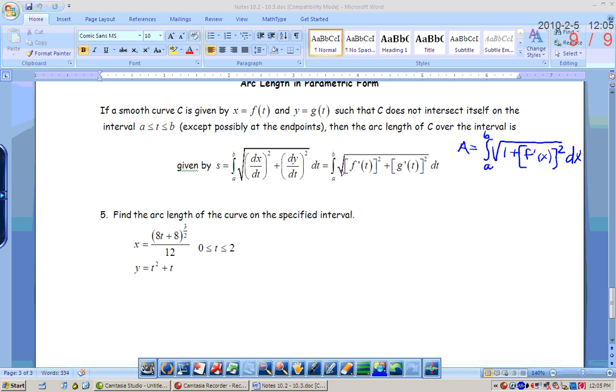It's the integral from a to b of the square root of f prime of t squared plus g prime of t squared, where x is your f and y is your g. So basically it's the square root of x prime squared plus y prime squared. So really, in order to find this, we only need to be able to take the derivative of x and the derivative of y.